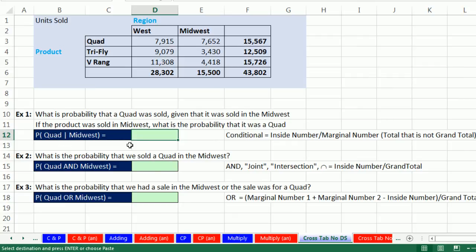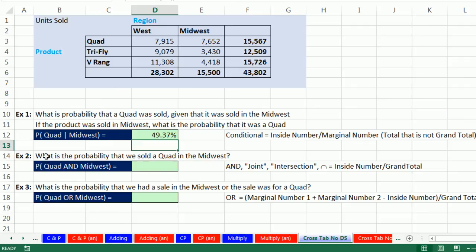Quad, given that it was in the Midwest, equals the number of units sold for quad in the Midwest, that's the and, divided by the changed sample space, just the items sold in the Midwest, and enter. 49.37% probability that a quad was sold, given that it was sold in the Midwest.